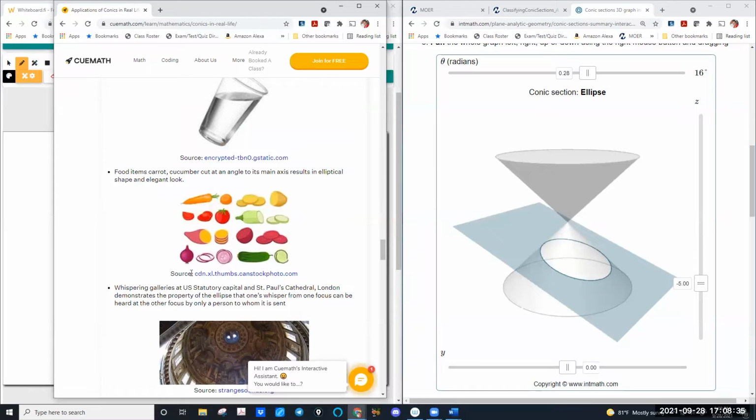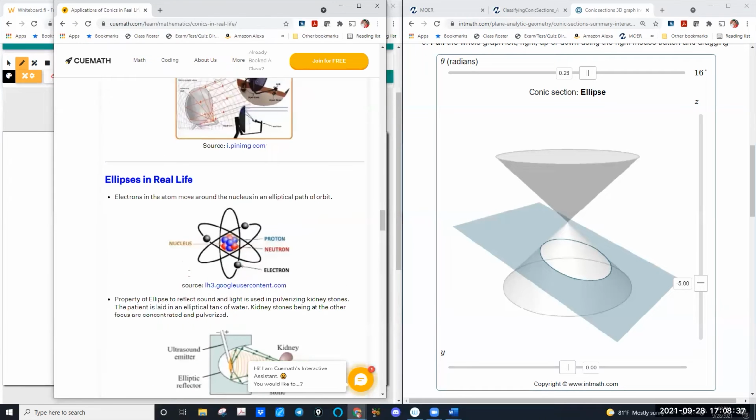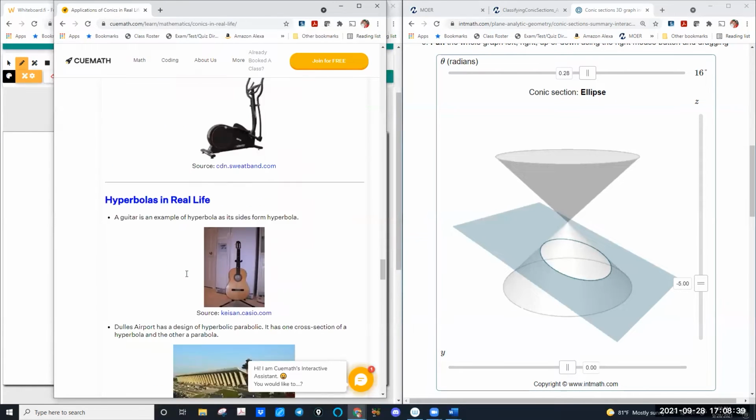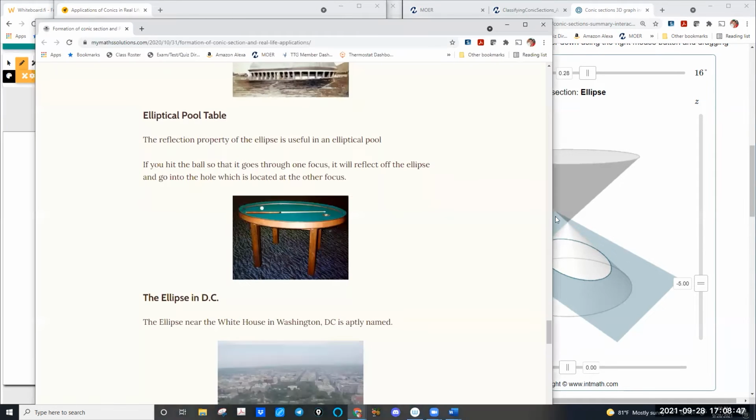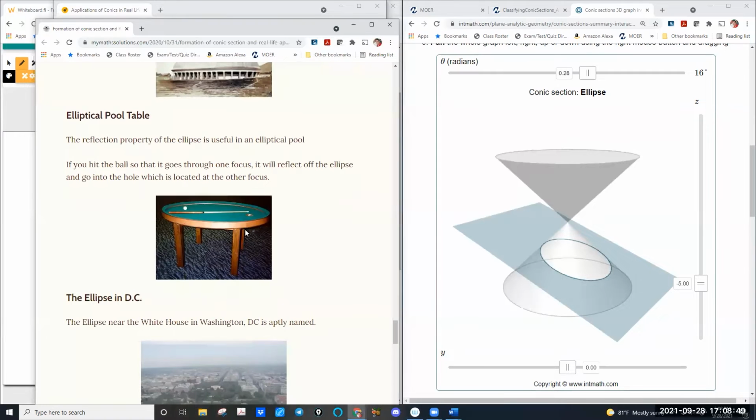So they've got a lot of really cool properties. I don't have it on this one, but there is also another. Actually, got it here. This one is kind of cool. The elliptical pool table. With the elliptical pool table, if you hit the ball through one focus, it will bounce off the sides and go in the other focus.